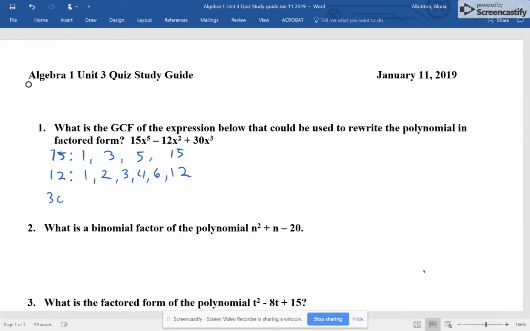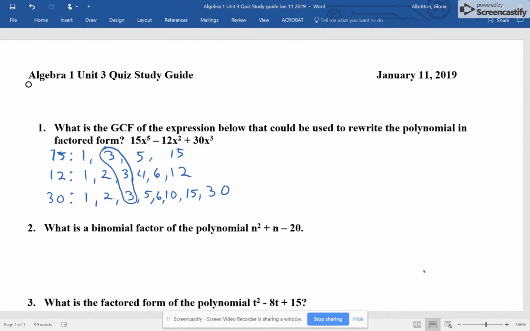And the factors of 30, we have 1 times 30, 2 times 15, 3 times 10, and 5 times 6. So if you notice, we do have a 1 in common, we have a 3 in common, and it looks like the greatest common factor is going to be a 3 for the numbers.